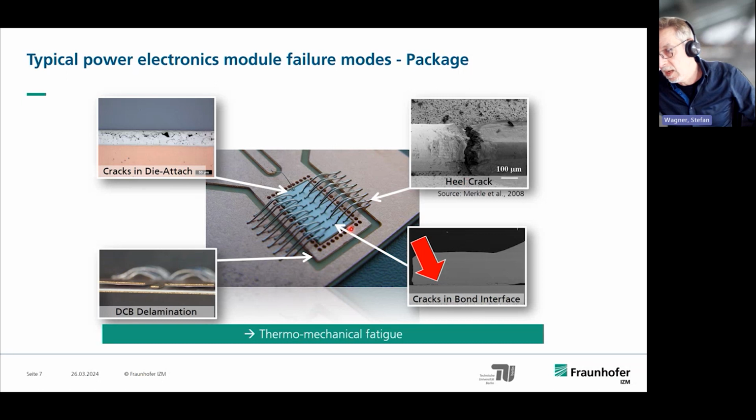You have electrochemical dehydration on the surface of your die. All this can reduce the lifetime. All this decreases the reliability of your module, of your package.